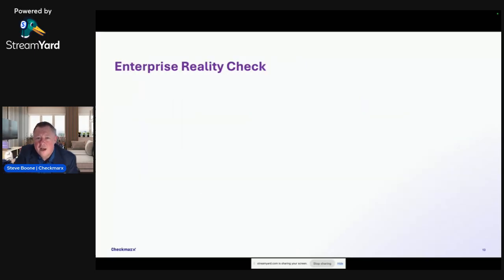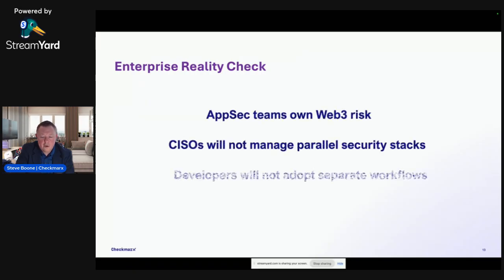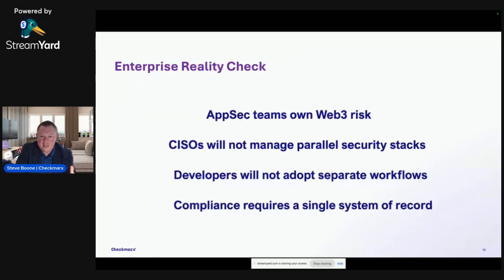And so we come to what I call our enterprise reality check, right? This is where we think about the four main things that we want to take away, and that hopefully you get from the Checkmarx perspective. When it comes to Web3 risk, the AppSec teams are still responsible for this risk, right? They still need a way to work through it and find their solutions.